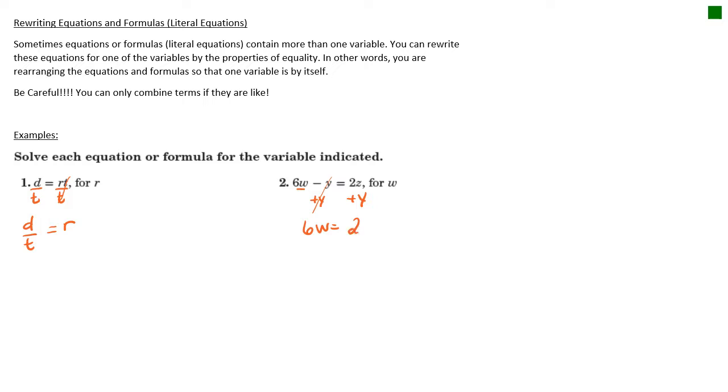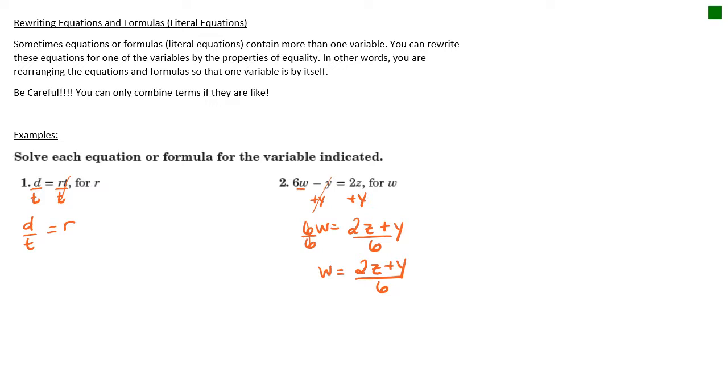Well, they're not like terms, so I literally just write them next to each other. 2z plus y. There's nothing else to do. Again, we're not solving, we're rearranging, we're moving things around. Now I have this 6 next to w, it's 6 times w, so I'm going to divide by 6. So now those 6's cancel, and I get w equals 2z plus y over 6.